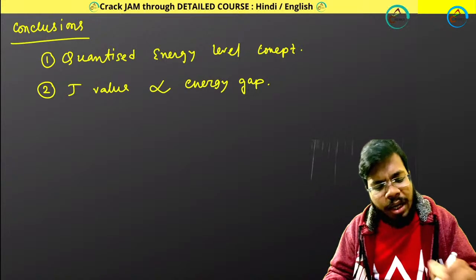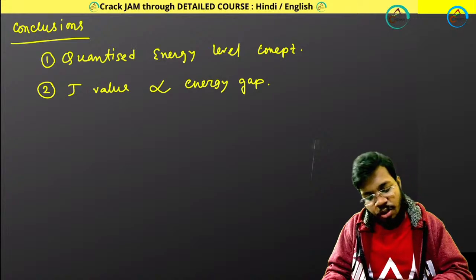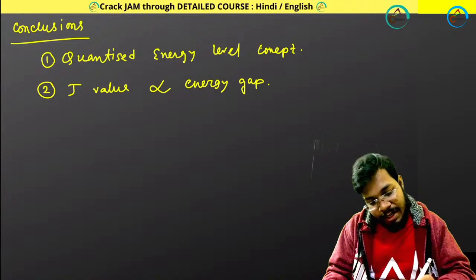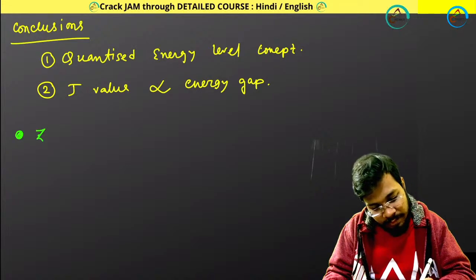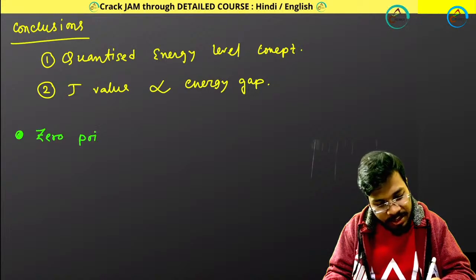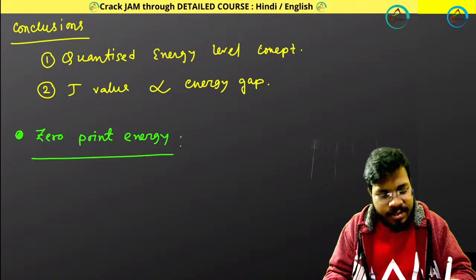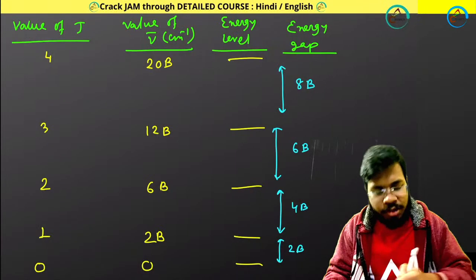Now here one concept generally comes, that is called zero point energy. So what is zero point energy? How can you show it from this plot? It is very simple.